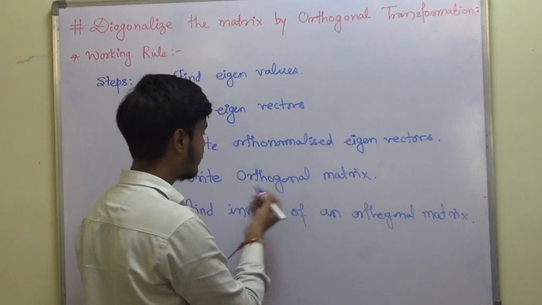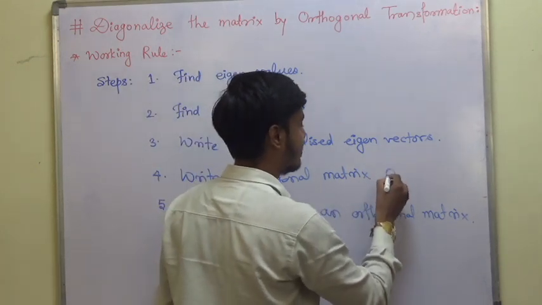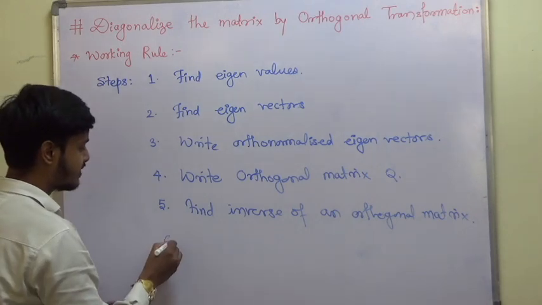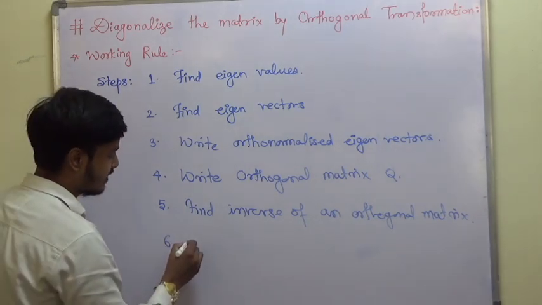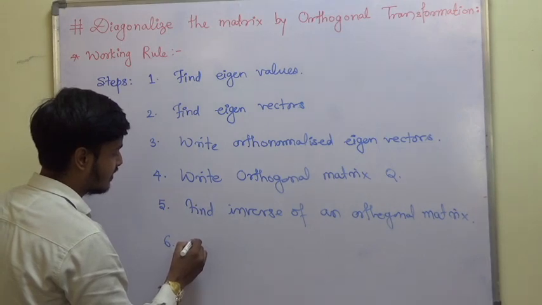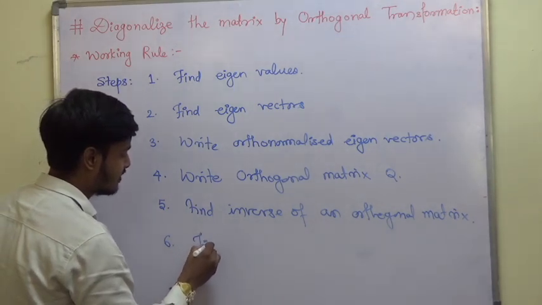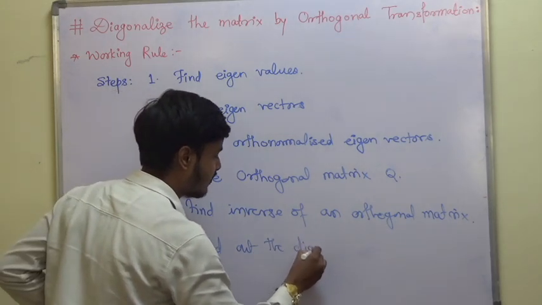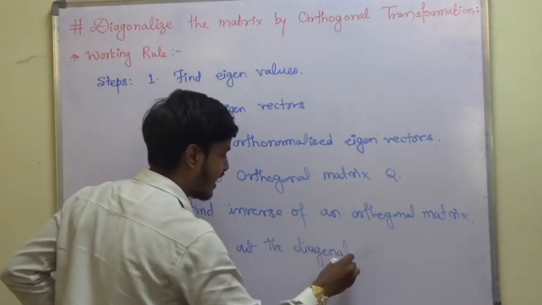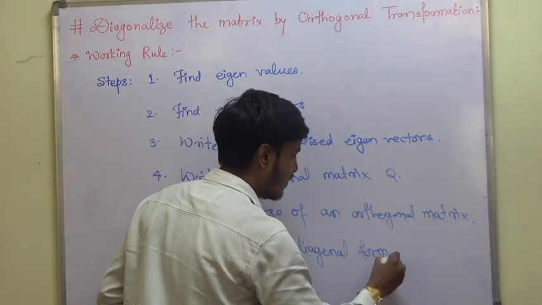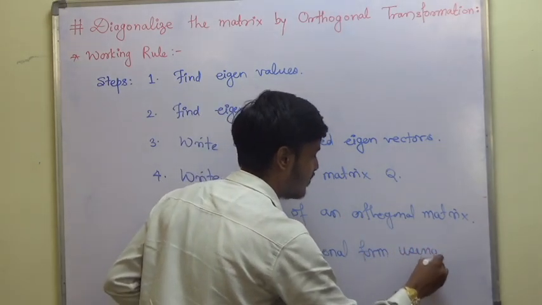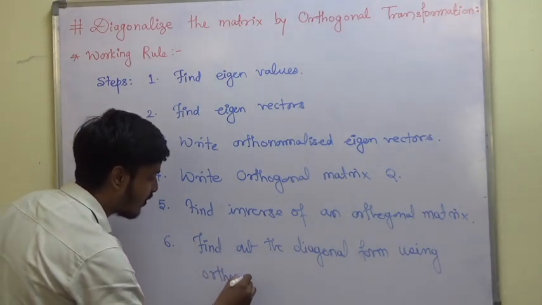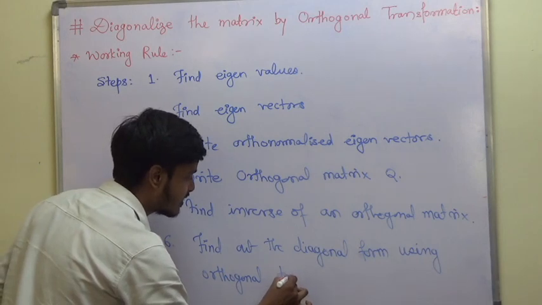We'll denote this orthogonal matrix in this topic as Q. And the last thing is to find the diagonal form using orthogonal transformation.